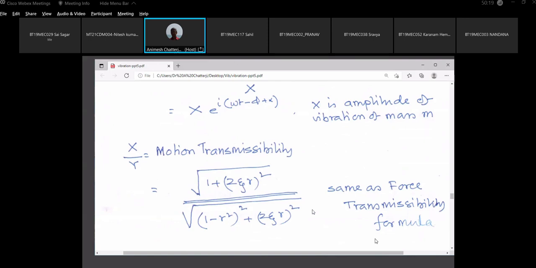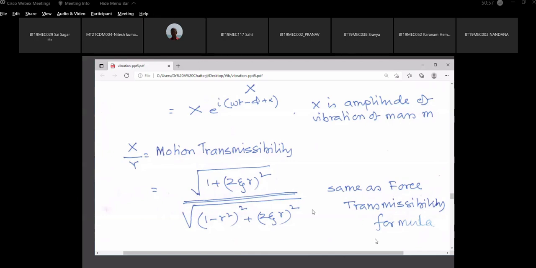I mean, if a vehicle is moving on a road, our objective is finally how the vehicle is vibrating. That is represented by the amplitude of transmitted motion, X bar, or capital X. As an engineer, we have to keep it as small as possible.